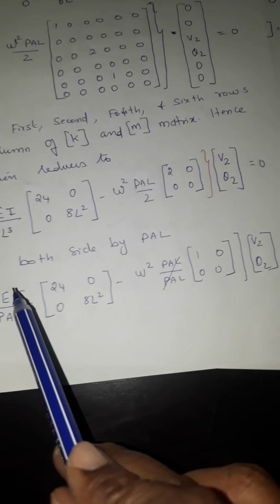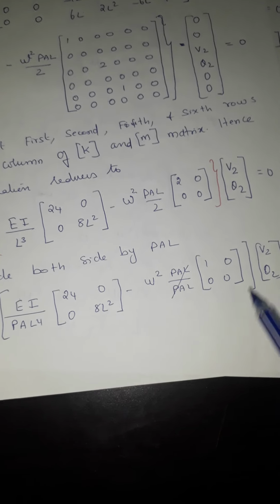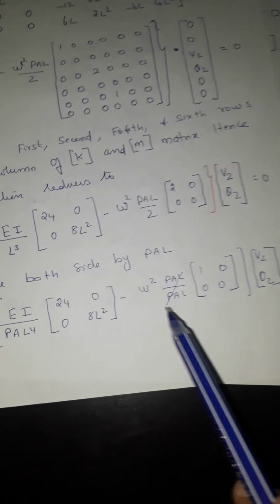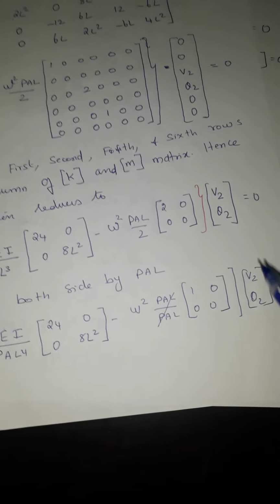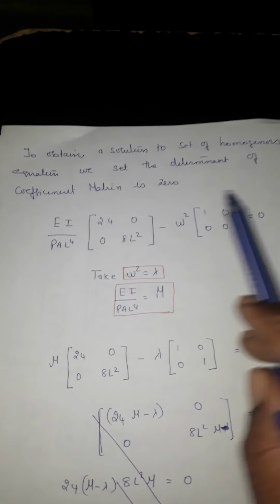So only this part I am taking, setting the determinant equal to 0 and finding the omega square value. These are the coefficients of this matrix. To obtain a solution set of the homogeneous equation, we set the determinant of the coefficient matrix to 0.